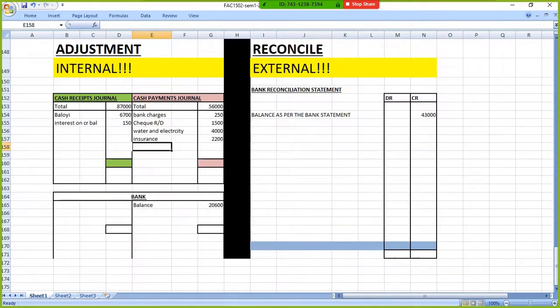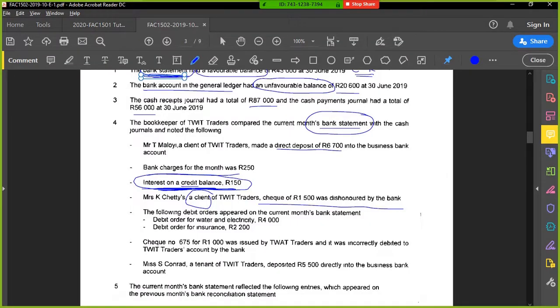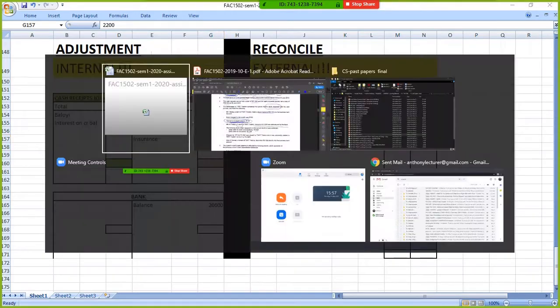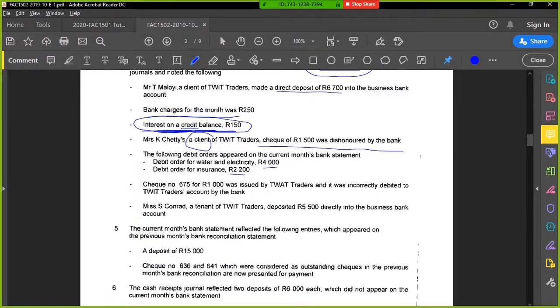Was that right? 4.5? No, not 4.5. 4,022. Do I have the right answer? Let's just double check so we don't make mistakes. 4 and 2. Yes. Okay, next. Check number 675 for 1,000 was issued by Twat Traders and it was incorrectly debited to Twit.